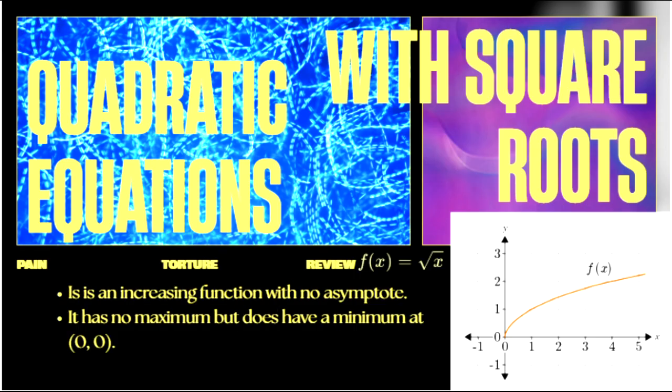It is an increasing function with no asymptote, and that's because there's not a negative right here, okay? So it has to be positive, and it doesn't ever flatten out. That asymptote means it doesn't ever flatten out or get almost flat. It has no maximum, but it does have a minimum at 0, 0. Right there it stops. It doesn't continue past this point.